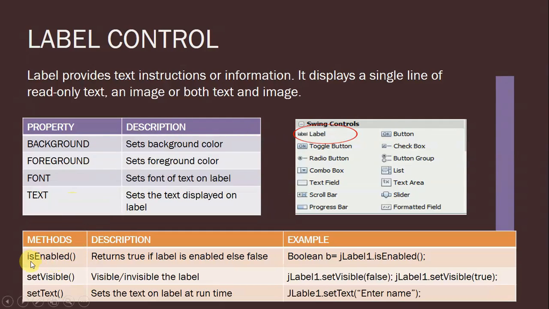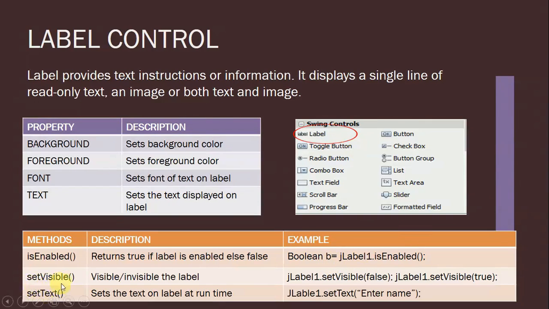Now a few of the methods of label control are isEnabled. This method returns true if the label is enabled, otherwise it returns false. Its usage is like this: boolean b, where b is a boolean type variable, equals jLabel1.isEnabled(). Here jLabel1 is the label field which is created in the design area.